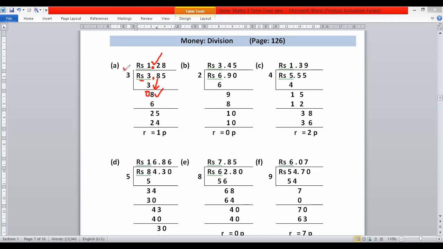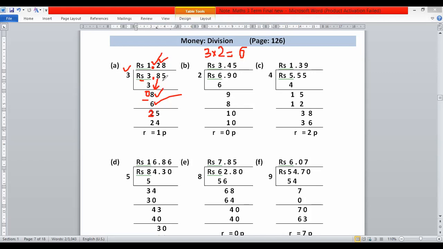So we multiply 3 by 2, we get 6. So we write 2 above and 6 down. After that, we subtract 6 from 8. 8 minus 6, answer is 2.